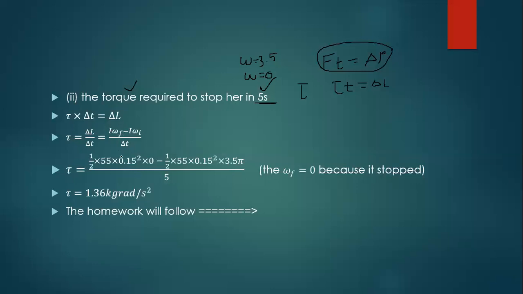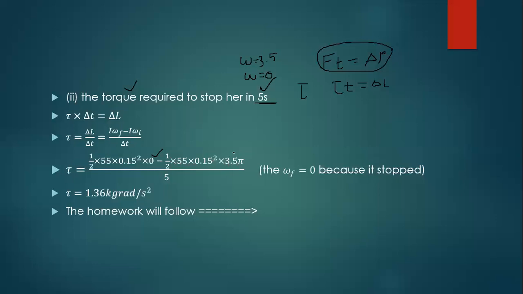For the final, we have the moment of inertia, 1/2 mass times radius squared, times the final angular velocity, which is 0 since she stopped. Initially, we have the moment of inertia times the angular velocity of 3.5.